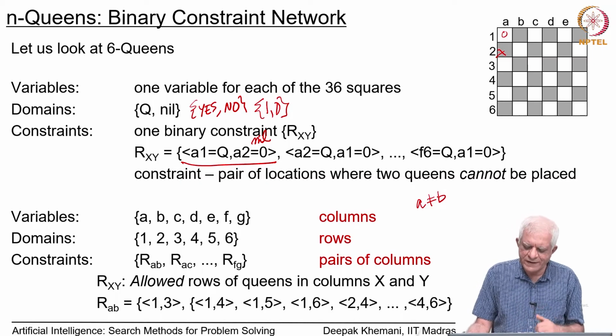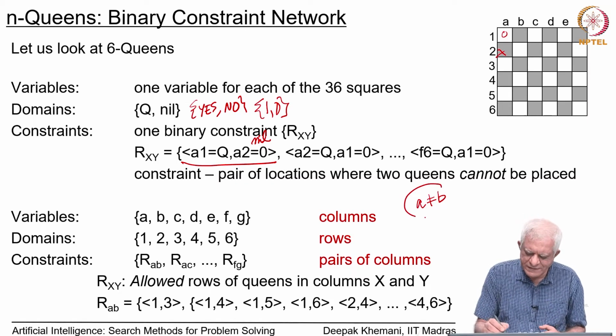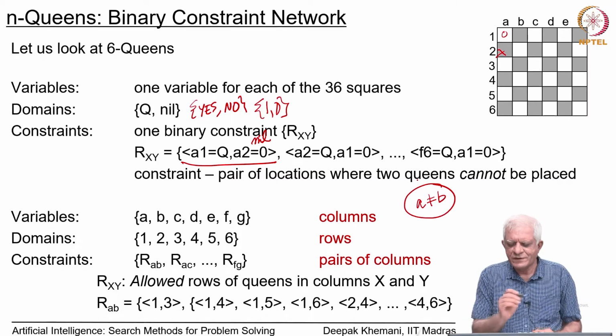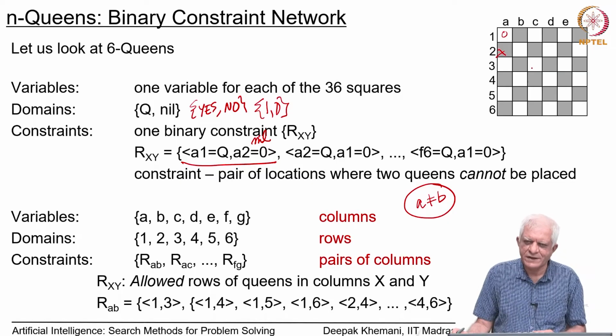Remember, the value of A is a row and the value of B is also a row, and you are saying that the rows cannot be same. So, this intentional expression simply says that you cannot place queens in the same row of the chessboard essentially.